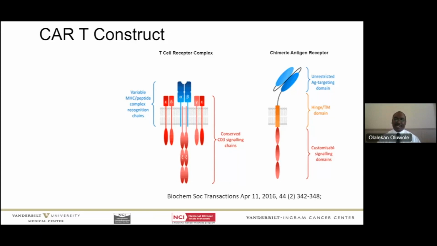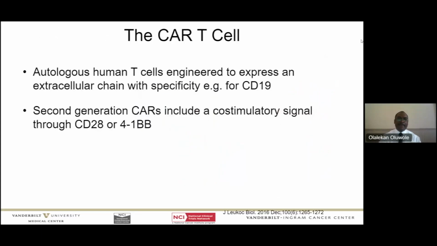We can get by with an extracellular domain, a hinge, and then an intracellular part that can make that T-cell engage an antigen.